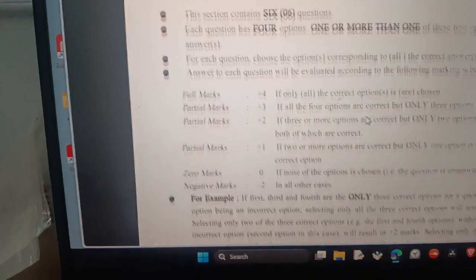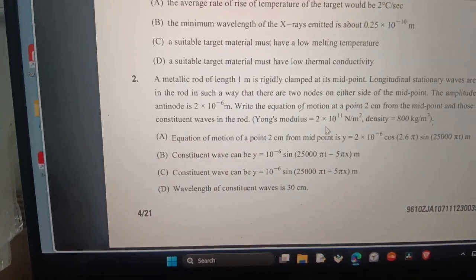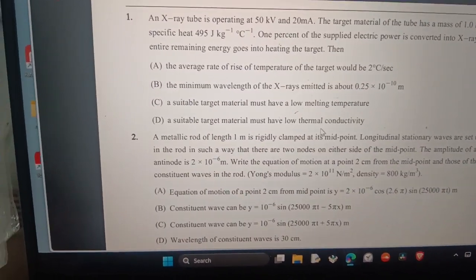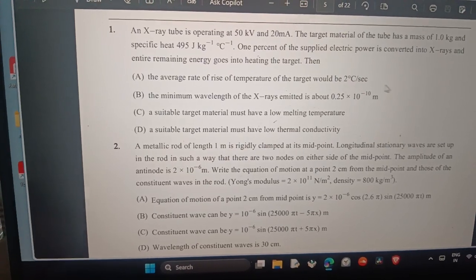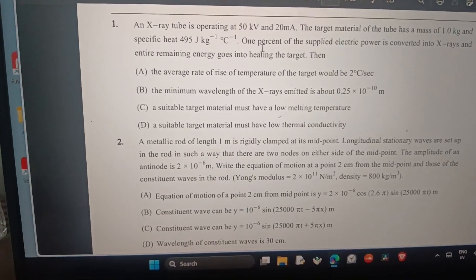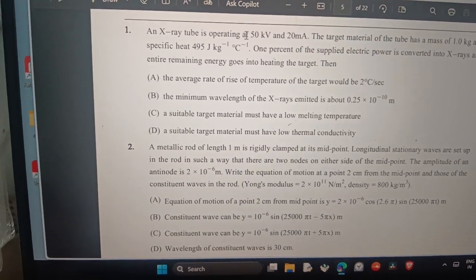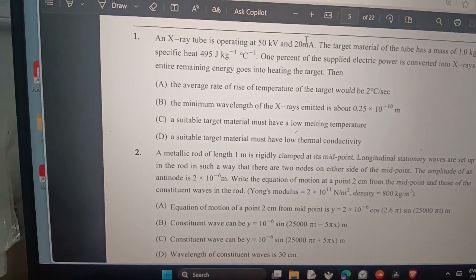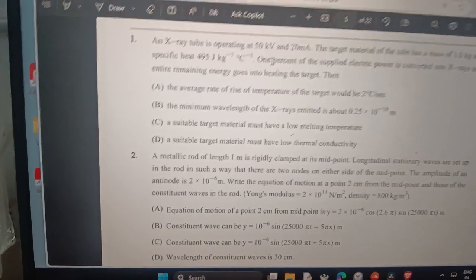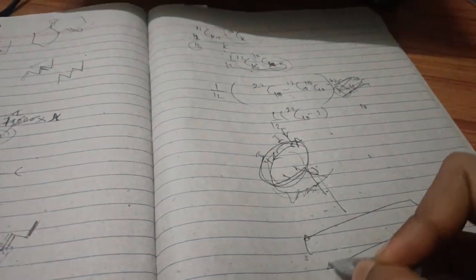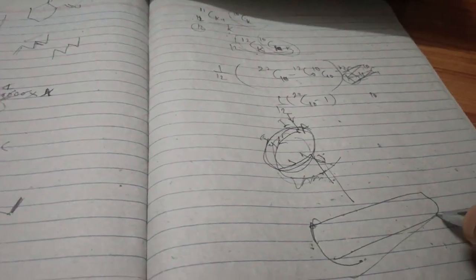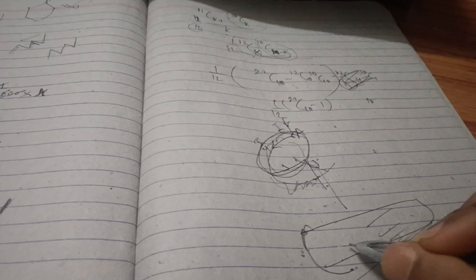Now this part, MCQs, we see any problems. Now in this case we have an X-ray tube which is operating at some potential difference, and we are given the potential difference across this tube and the amount of current flowing through this.